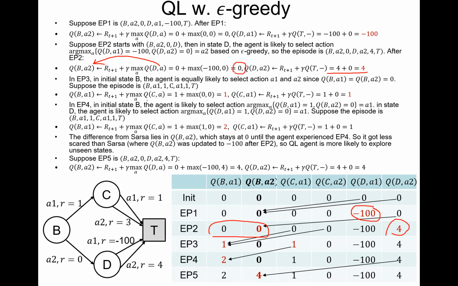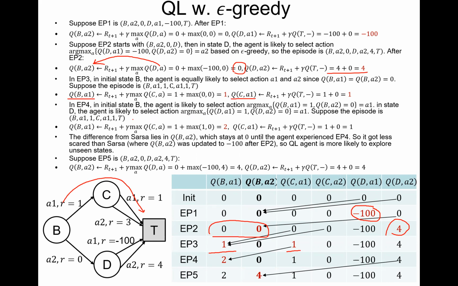So now suppose you take the action A1 and go to C, and at C take A1 and go to T. So you update the Q values to be 1 and 1 for these two actions.